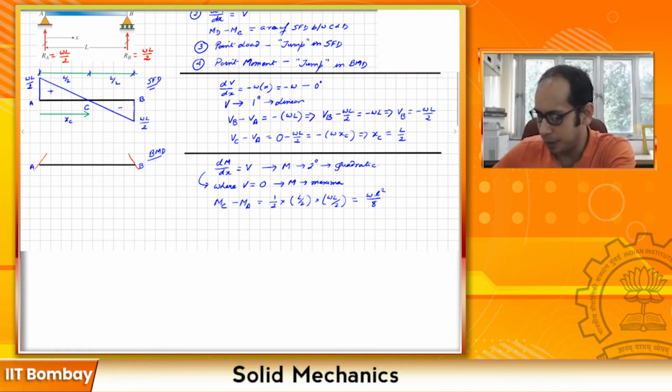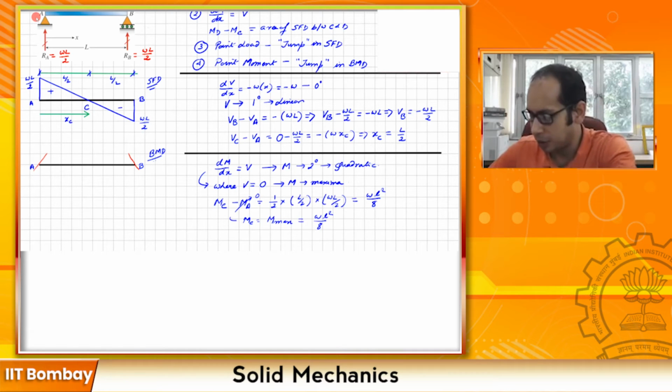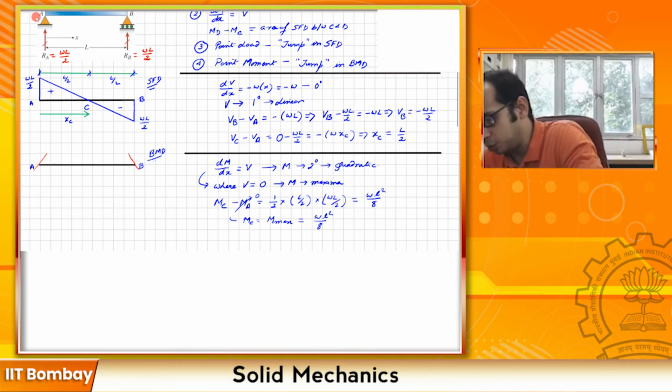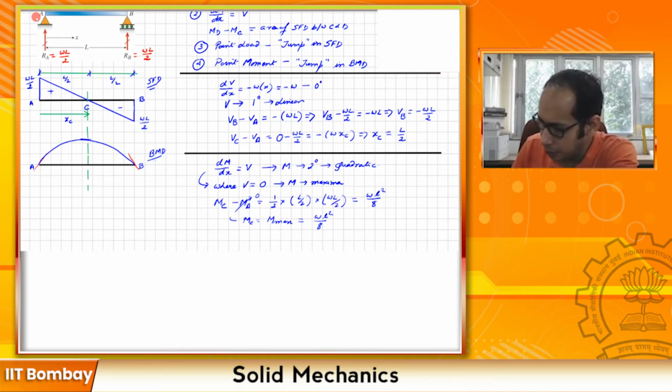Because Ma is the moment at here where we have a pin. So the moment at A is equal to 0. So this is equal to 0 over here. So we have that Mc equals M max equals wL squared by 8. So let's just go ahead and draw that again. As I said, it sometimes helps to draw these guidelines that we have over here. So my moment variation is going to be this quadratic, where here I am reaching the maximum value.